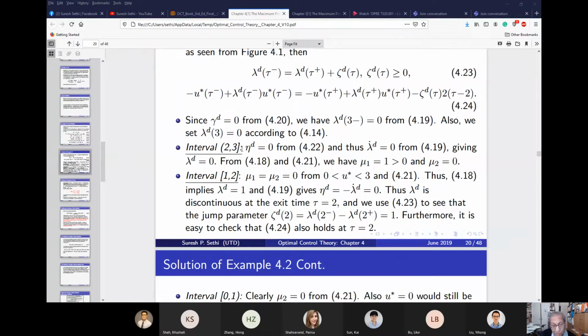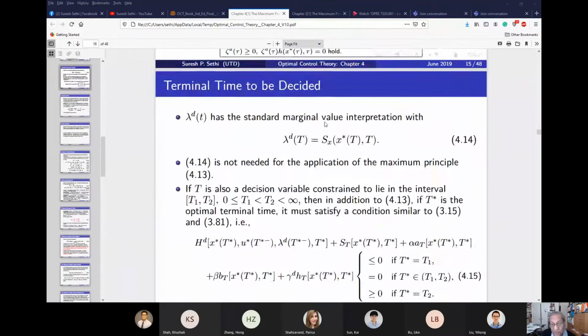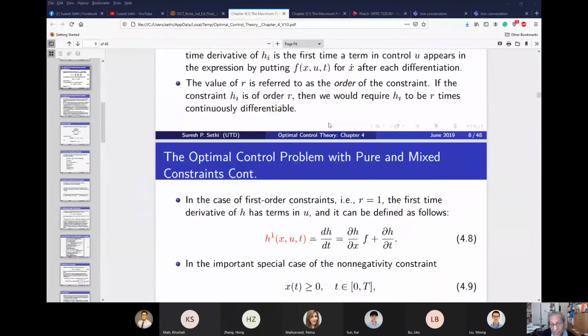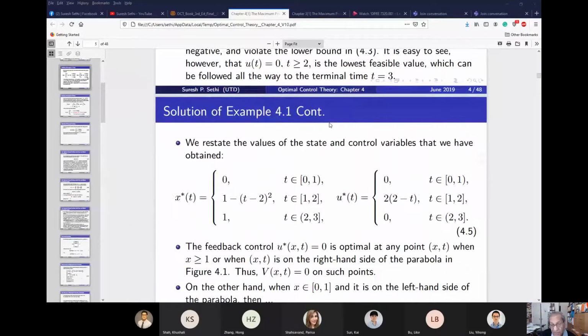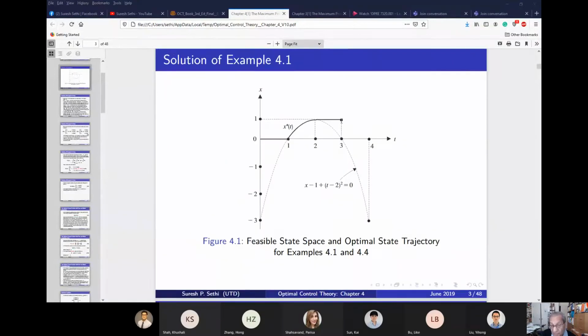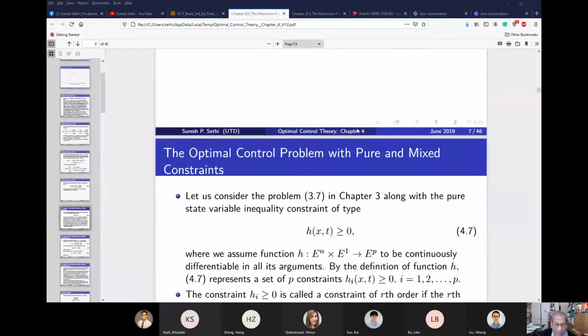2, 3, for example, is an interval that is not on the boundary. It is the interior interval, and in the interior interval, all the boundary multipliers will be 0. So one by one, you whittle down these equations.